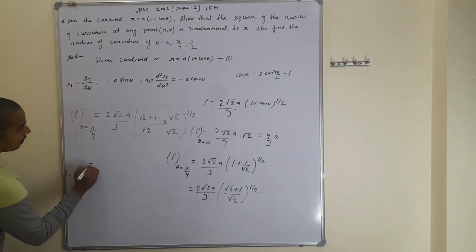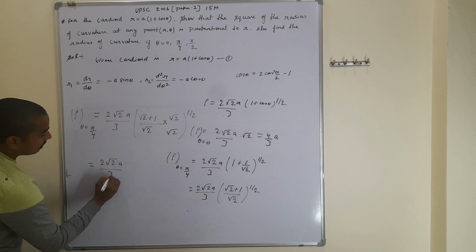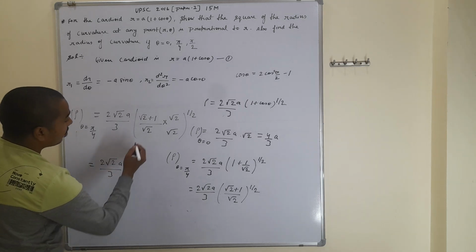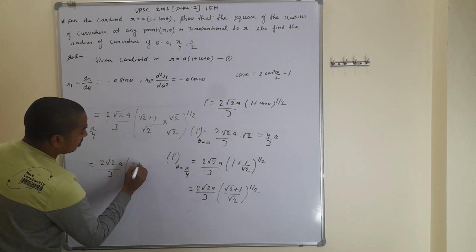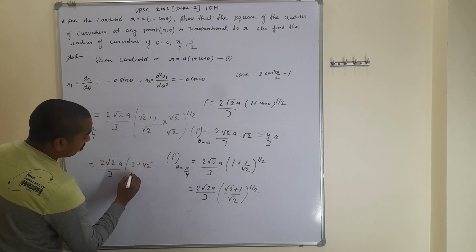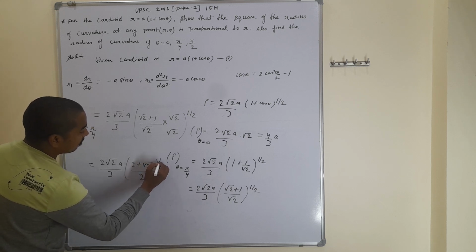So 2 root 2 a upon 3 and on multiplying, 2 plus root 2 upon 2 whole power 1 by 2.